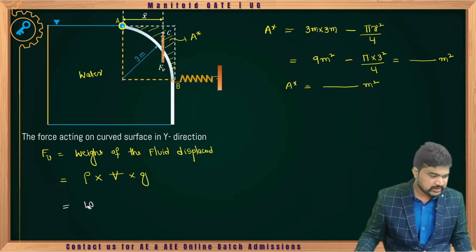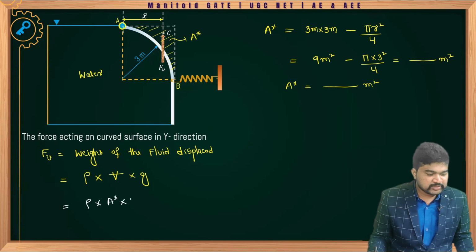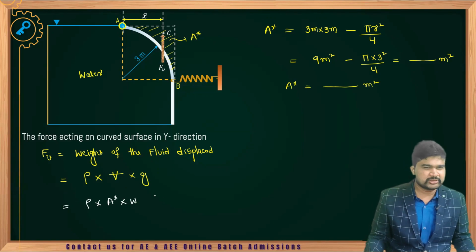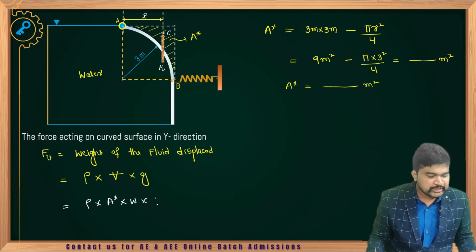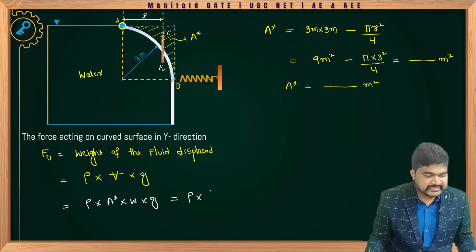Here what you people will get? Density of the fluid into A star into width of the gate. Here that will be B or width of the gate, that is up to you, into g is equivalent to rho. A star is nothing but R square.